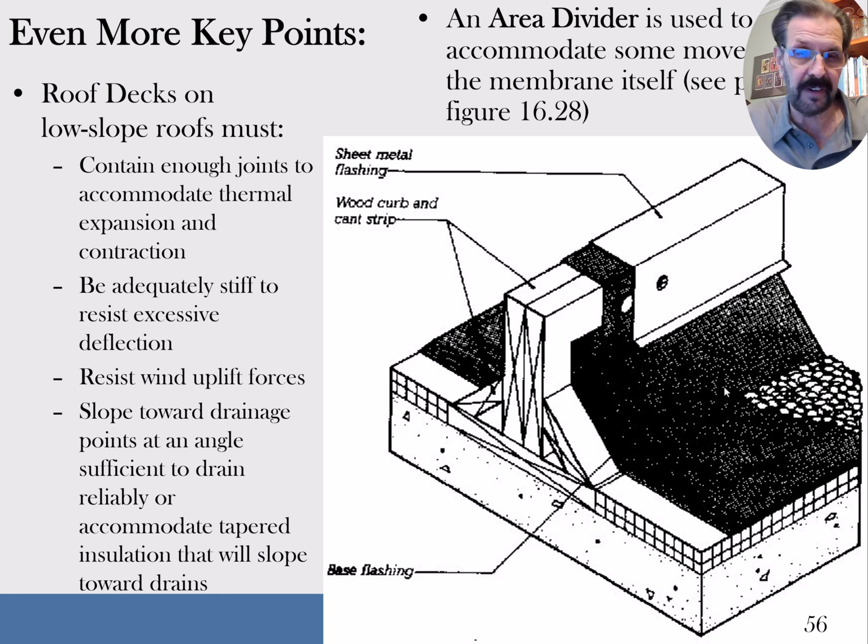It's kind of like with concrete, every so many square feet, in so many directions, you need to have control joints. This allows you to have a control joint in the roofing material with an area divider. So that's what an area divider is. You build a structure on the roof to divide it up.